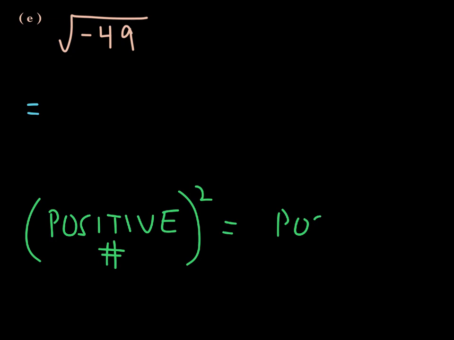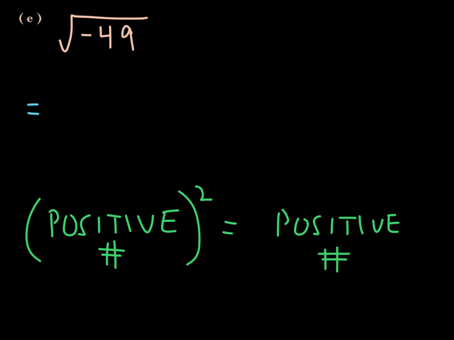You get a positive number, right? And so this problem is asking you, find me the positive number such that when you square it, you get negative 49. Wait a minute, that's impossible, because whenever you square something, you will get something positive.